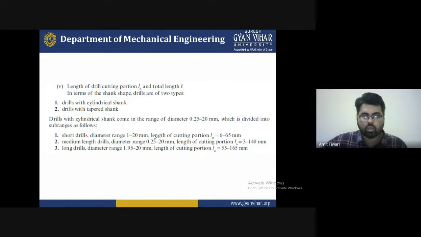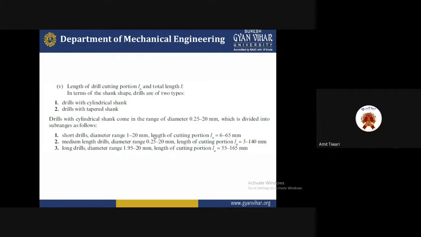So these are the sub ranges, basically 1 to 3. For the shorter drill, the diameter range is 1 to 20, and the length of the cutting portion is L0, that is 6 to 65 mm.